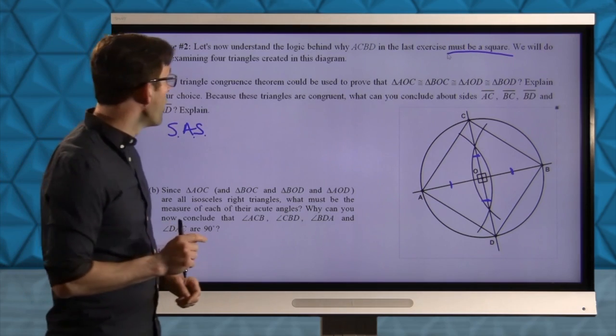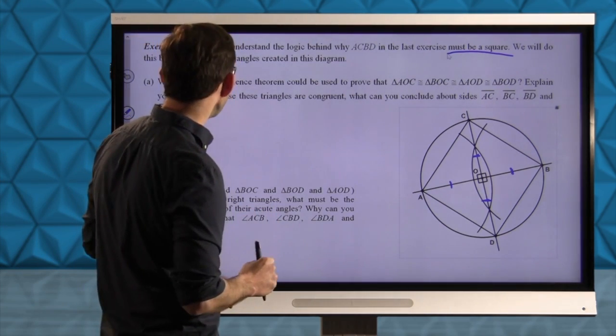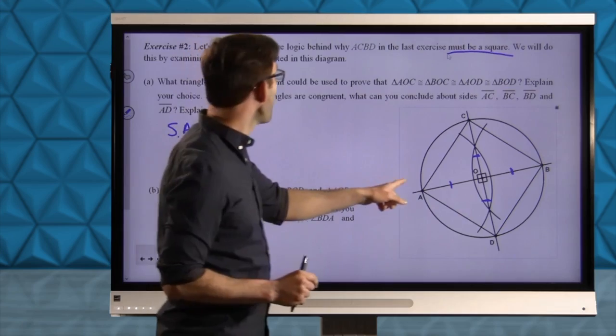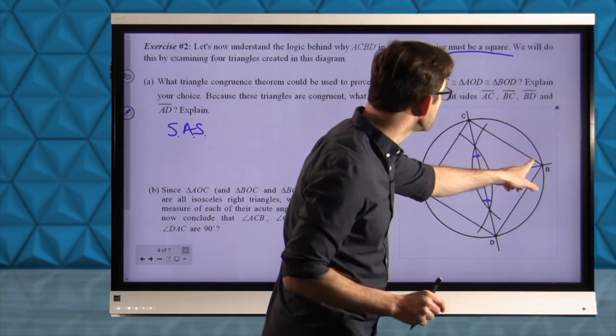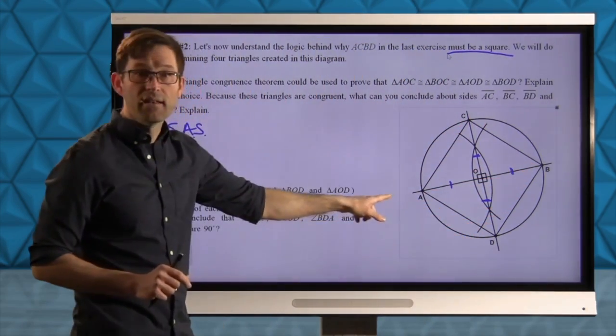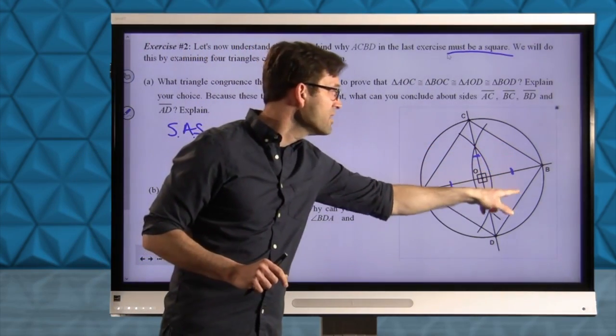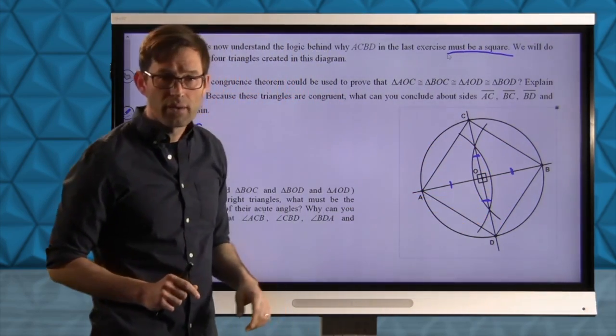All right, now, what does that tell us that we can conclude about AC, BC, BD, and AD? What can I say about all these hypotenuses of these right triangles?